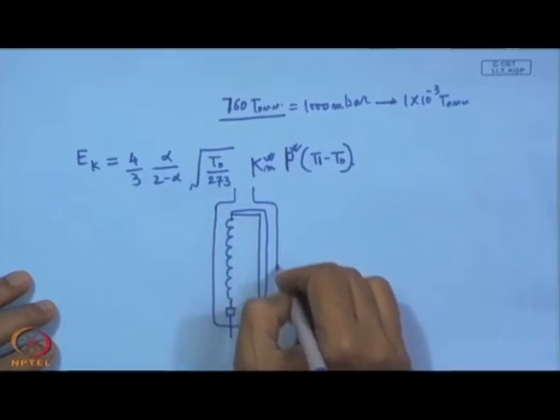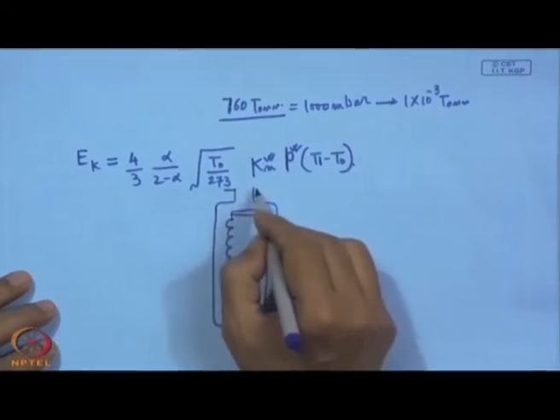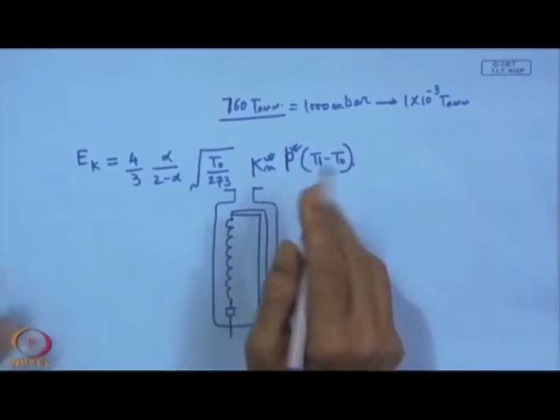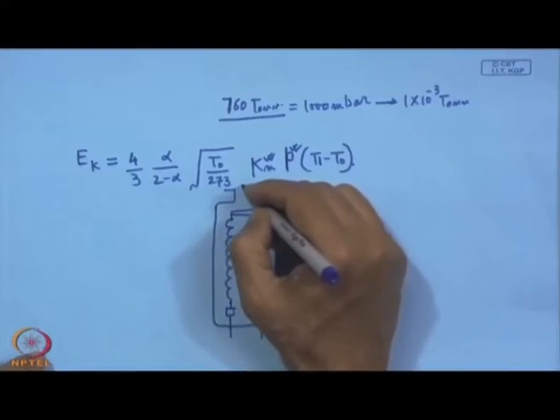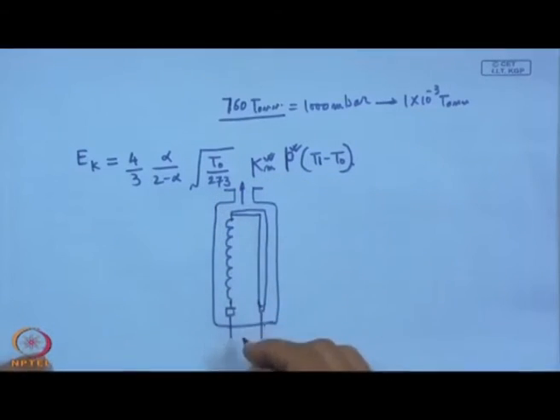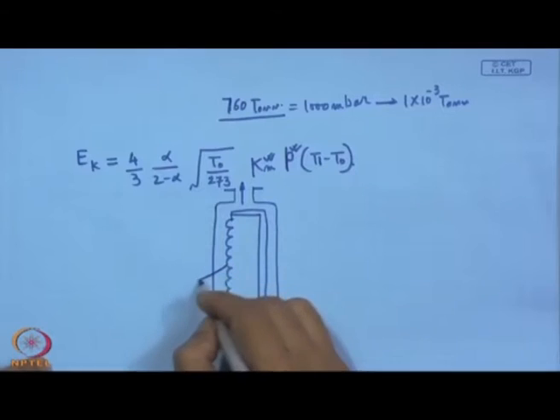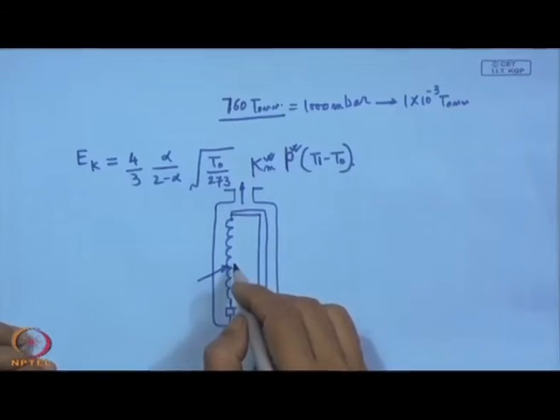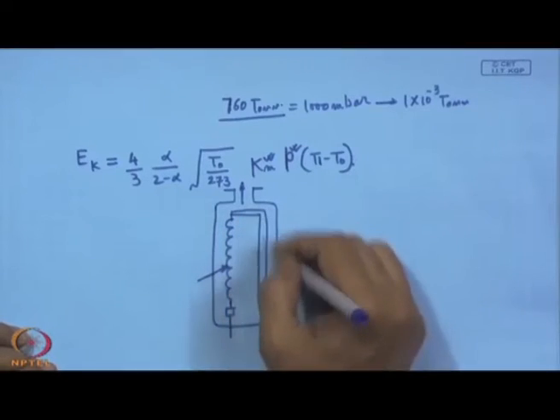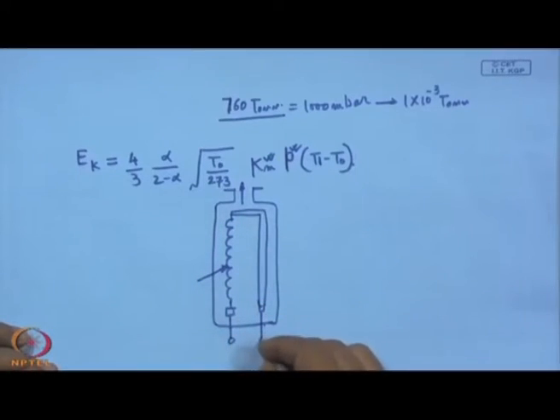This side is the opening, so it can be connected with one port of the vacuum chamber. Basically, here we have one heating coil, which may be made of, for example, tungsten, and this side is a metal support. So, these are the 2 terminals.